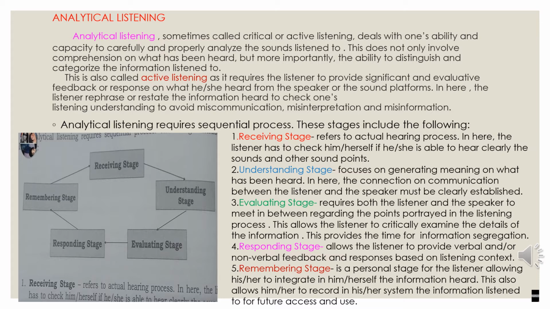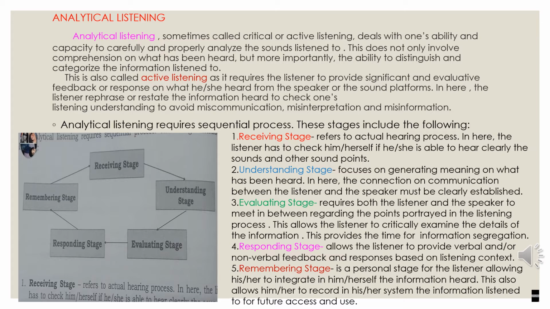The first of these stages is the receiving stage. This refers to the actual hearing process. In here, the listener has to check him or herself if he or she is able to hear clearly the sounds and other sound points. Number two is the understanding stage.